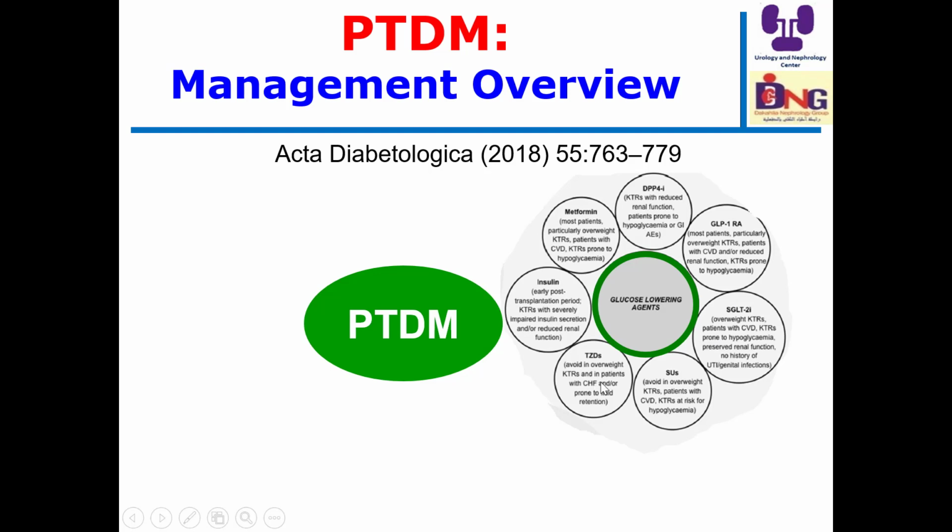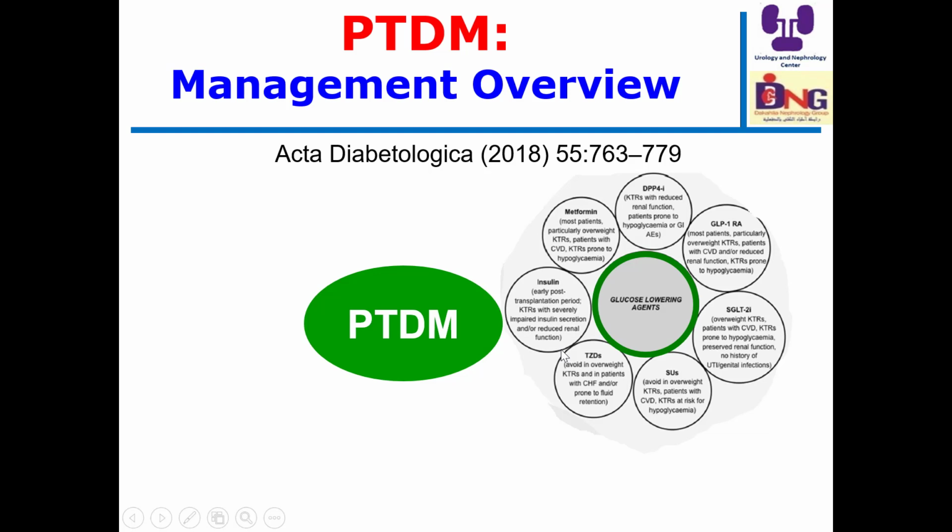For every drug here: sulfonylurea should be avoided in overweight patients because it increases body weight. TZDs should be avoided in overweight patients because this class of drug is associated with edema. Insulin is for the early post-transplantation period, and for kidney transplant recipients with severely impaired insulin secretion or reduced renal function.